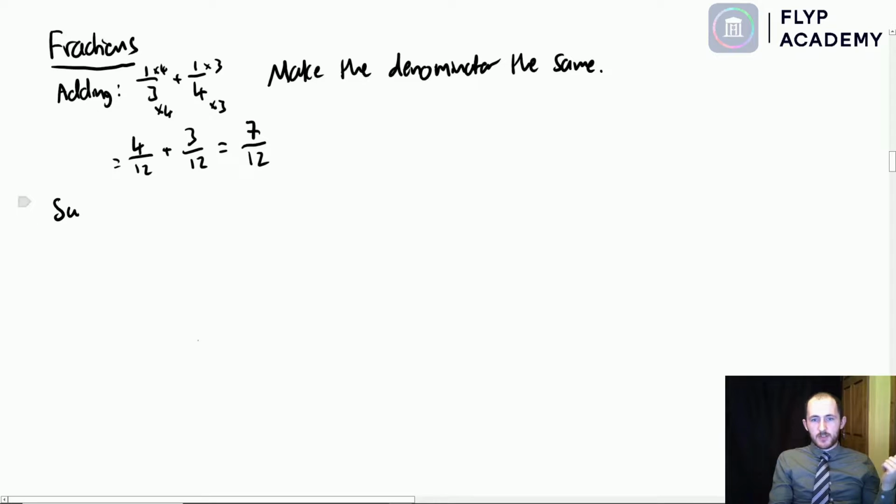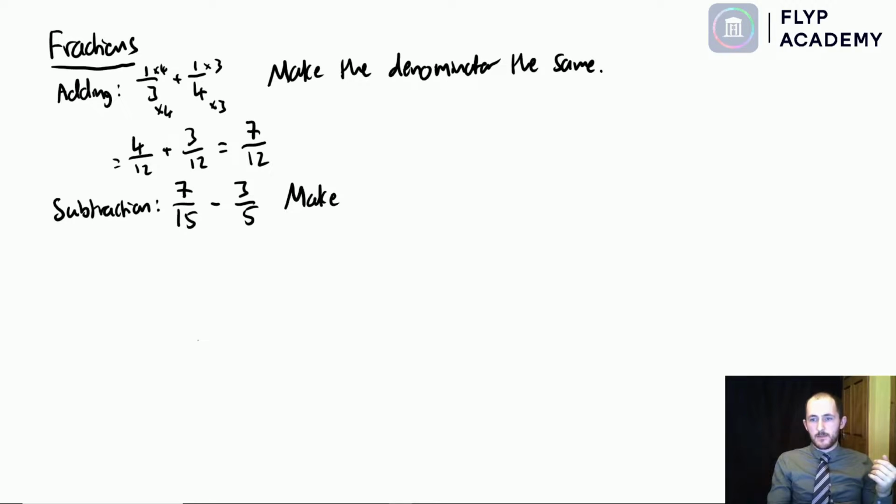With subtraction, let's pick two fractions again. Let's pick 7 over 15 minus, let's do 3 over 5. Okay. So with subtraction, we also need to make the denominator the same.